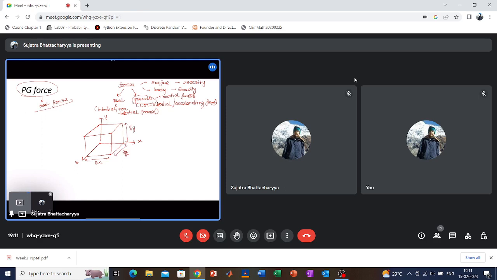Now at the center, let the pressure be P naught, and there are two walls, as you can see. So this is wall A. Let me focus only on the x direction first.